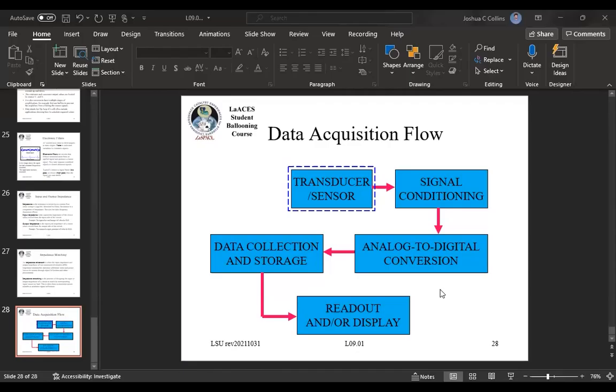The question was, where do amplification and attenuation fall into this flow? That's all part of this signal conditioning. Filtering, amplification, all of that is right in this box right here.